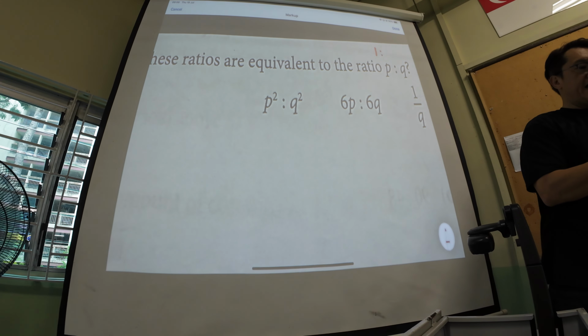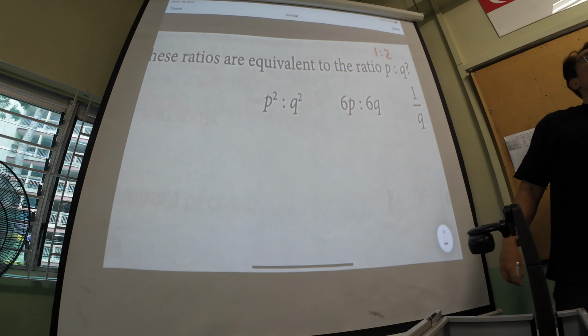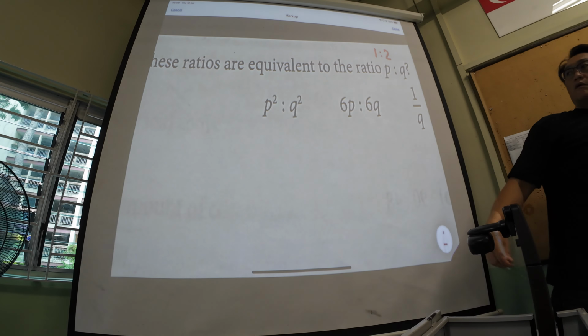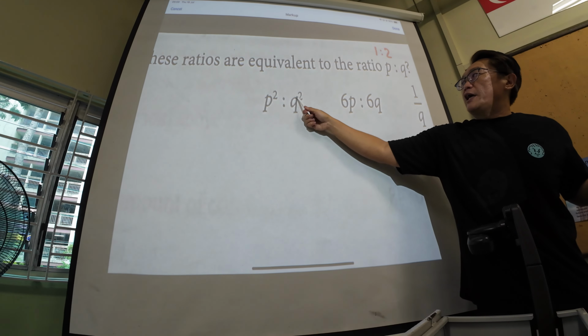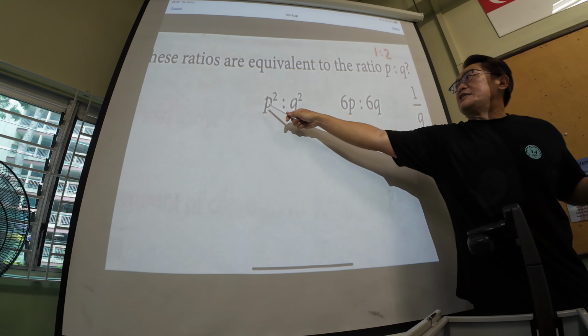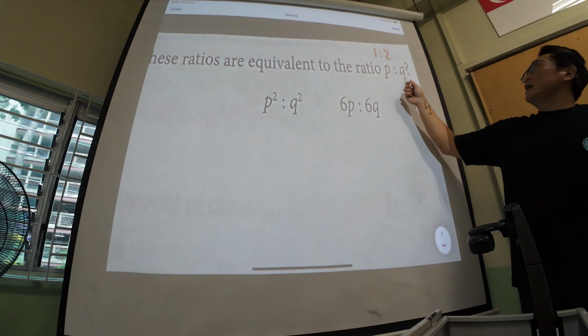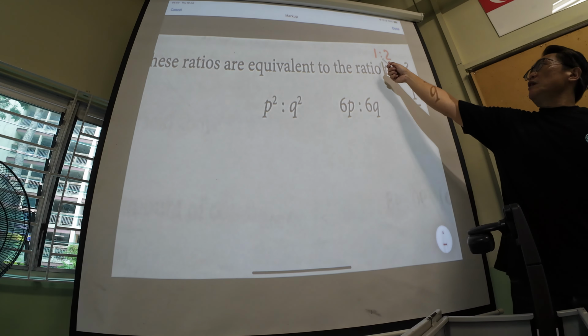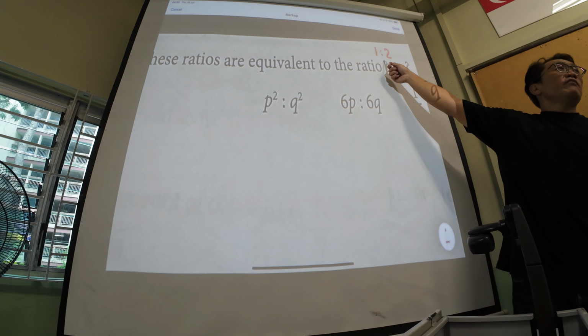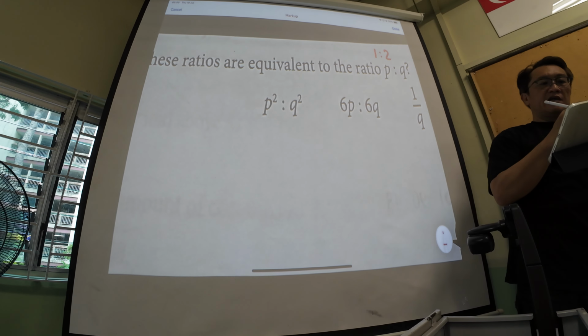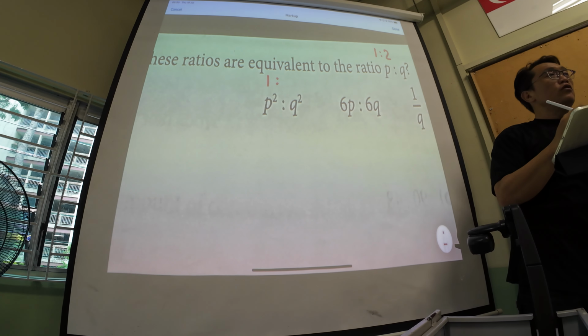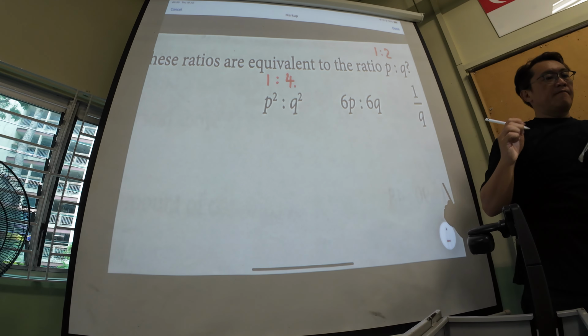Let's say I have 1 is to 2. This P square and Q square, what it means is I square both sides. I square what is on the left, and then I square what is on the right. So if I start with 1 is to 2, if I were to square both sides, I will have 1 is to 2 square is 4.